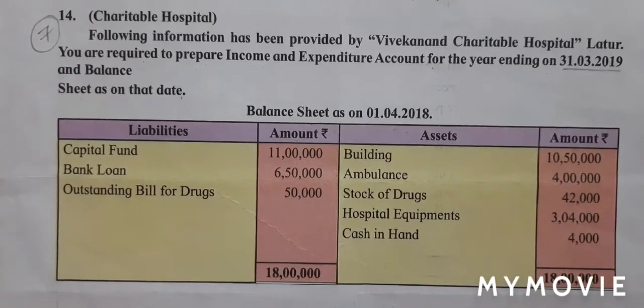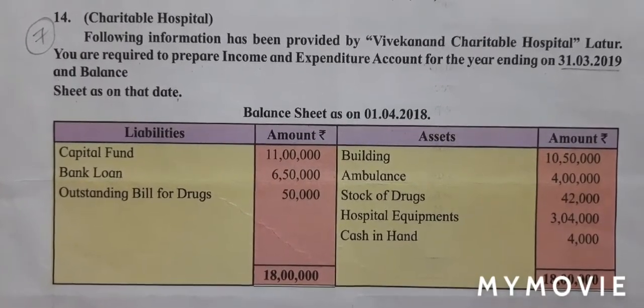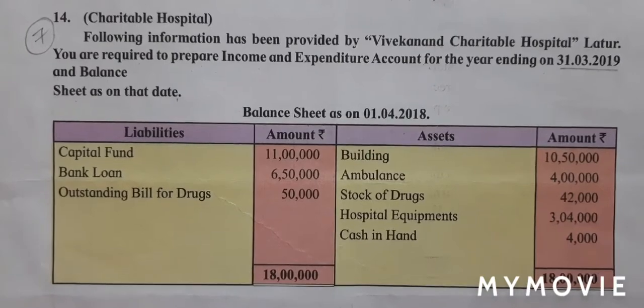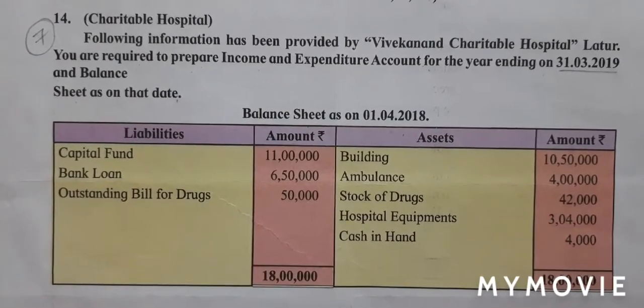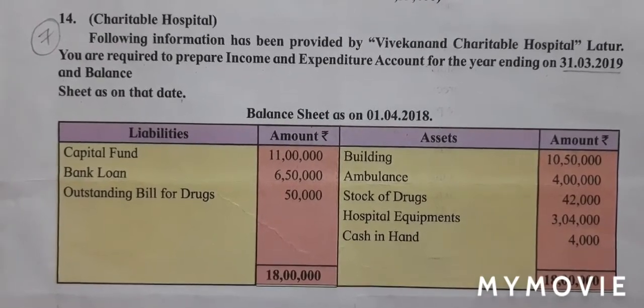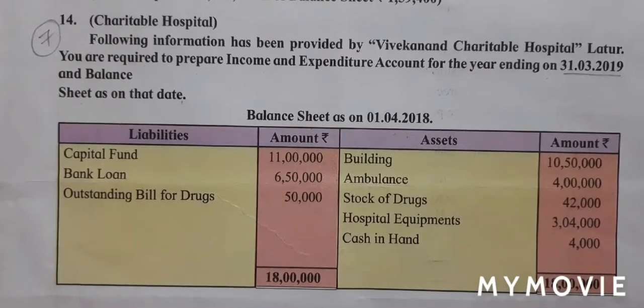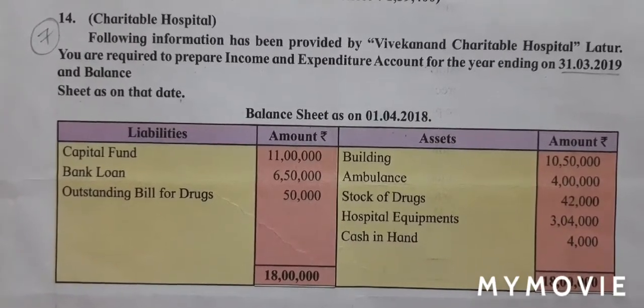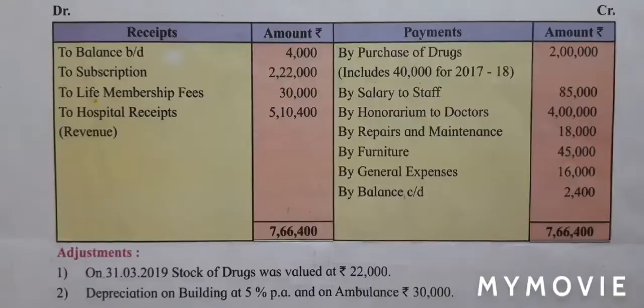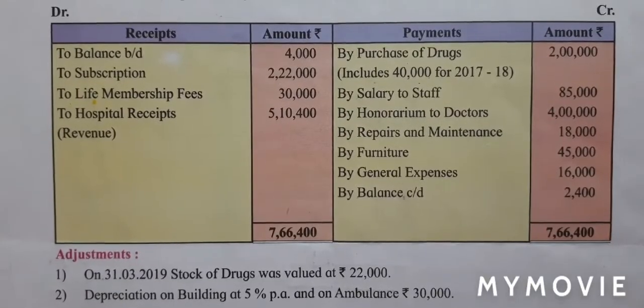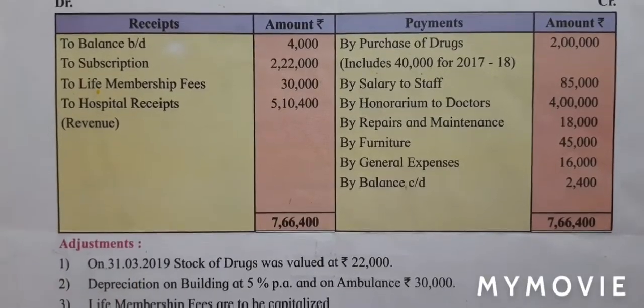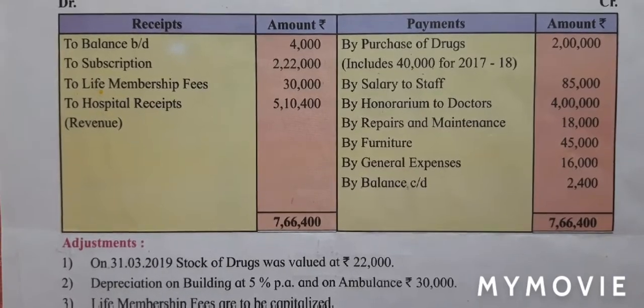Then we will read the balance sheet and do the markings in the receipts and payment. In case the names do not appear in the receipts and payment side, then we will indicate it with a plus sign. Finally, we will read the adjustments and do the markings in receipts and payment.